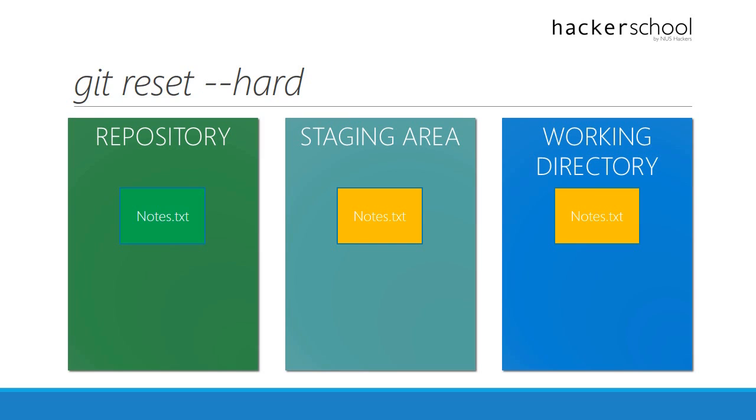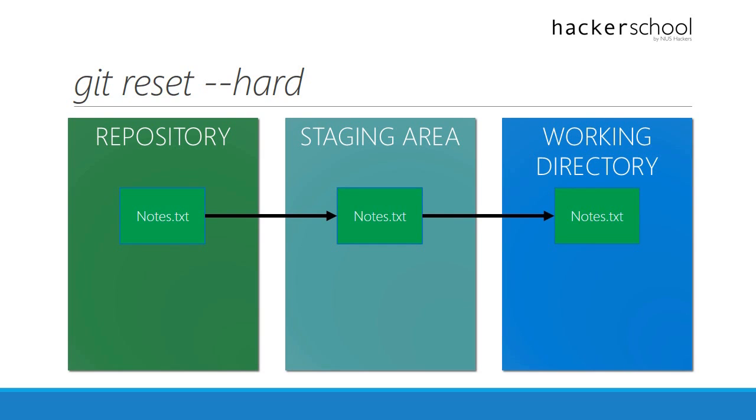Then the next step is it takes what's in the repository and moves that into the staging area like that. And then the last step is it moves it into the working directory. And this is why reset is dangerous, because if you've made any changes in your working directory, they're just gone at this point, because it has replaced them with whatever was in that older commit.